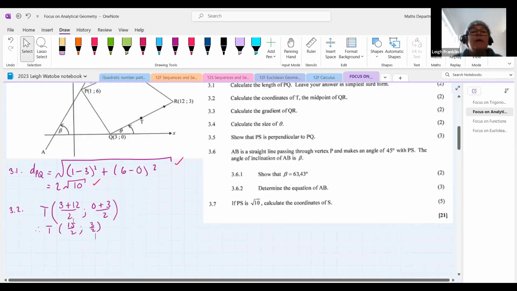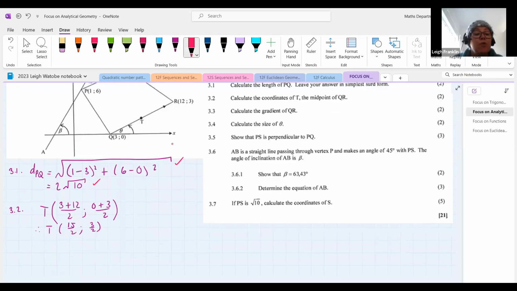All right, so again, 2 marks. Level 2 question, 1 mark for subbing in, 1 mark for the answer.